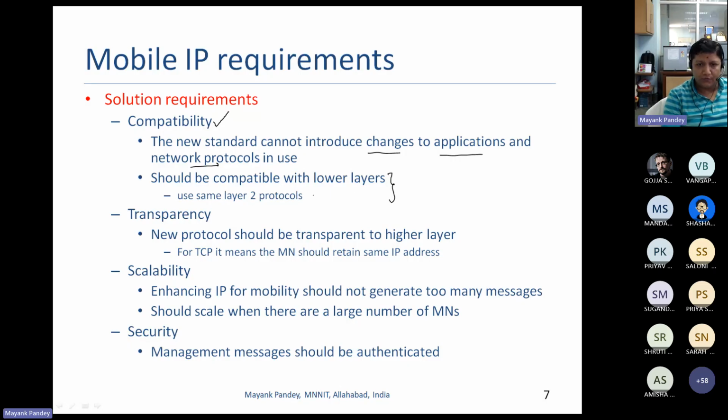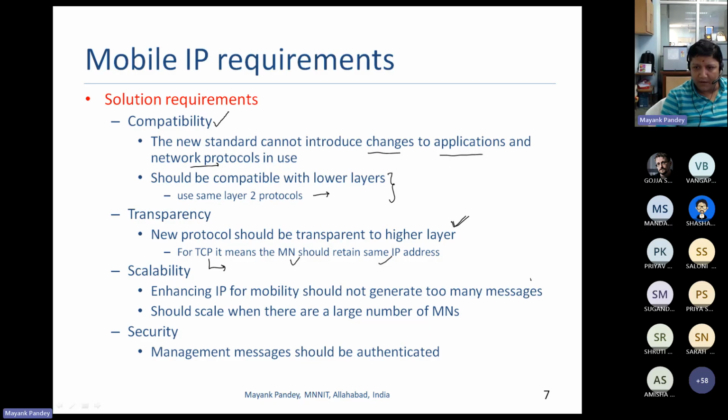It should not force a change to the layer 2 protocol. The new protocol should be transparent to the higher layer. TCP should not get any idea. TCP should get an idea that the mobile node is having its own IP address, the initial IP address. That should be transparent.